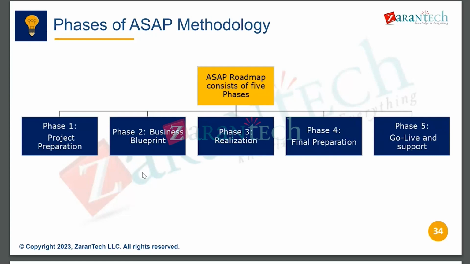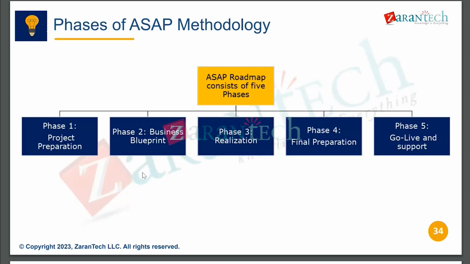What hardware is required, what software is required, and understanding at least the high level business requirements, whether we can fulfill them, the timelines and project planning. All the kickoff activities happen here. Once the kickoff activities are done and resources are onboarded, we go to the business blueprint phase.